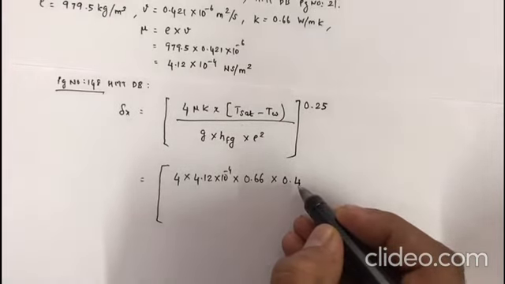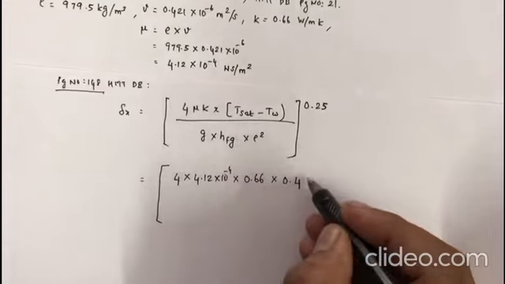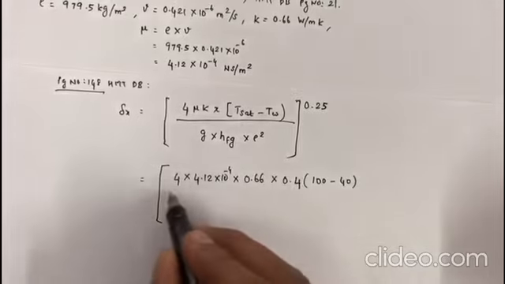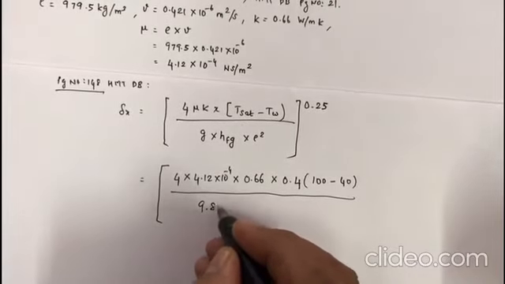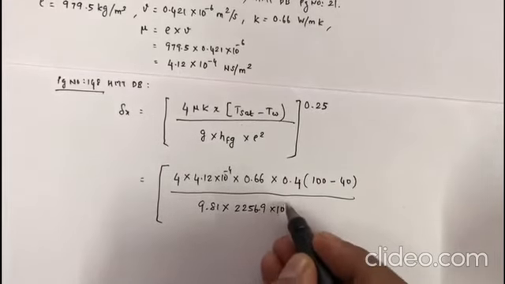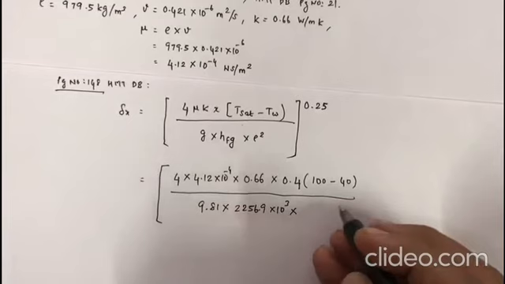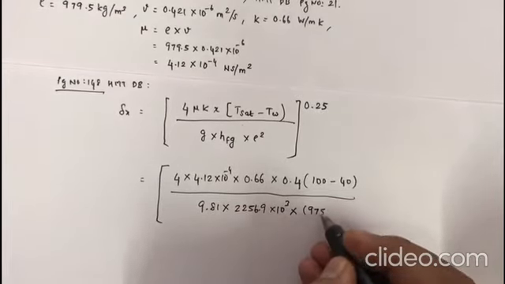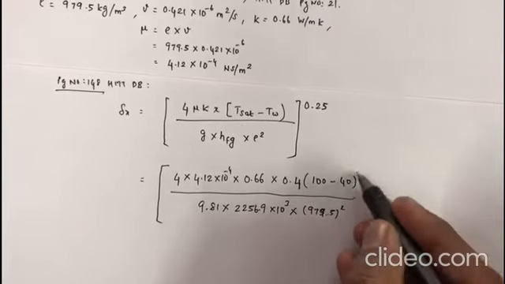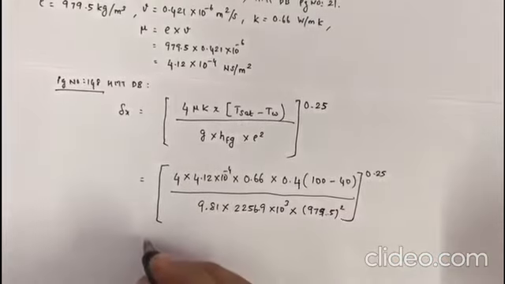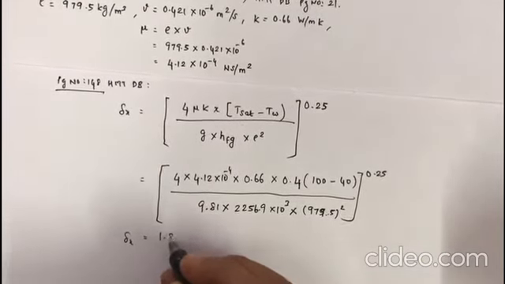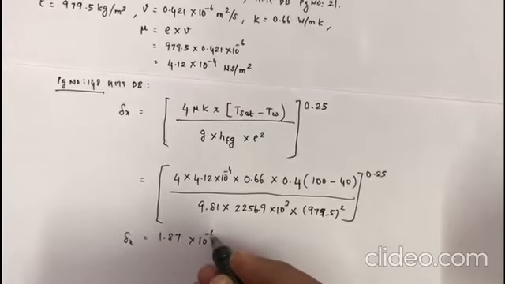We are substituting the length of the plate for x, and then the saturation temperature 100 and the wall temperature 40, divided by 9.81 into hfg into density square, 979.5 whole square, sorry about that, and power 0.25, which works out to 1.87 into 10 power minus 4 meters.